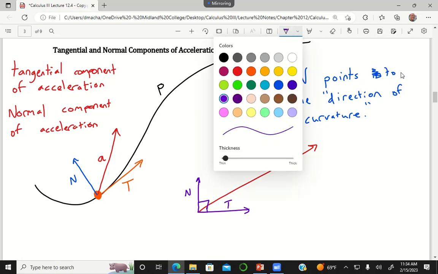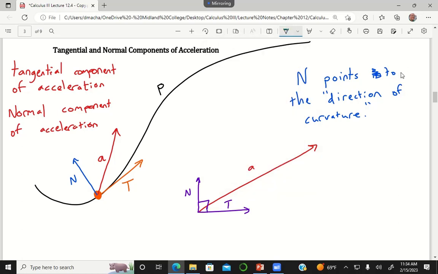Then what I'm about to draw in green would be the tangential component of acceleration, right? If I take the acceleration and I project it down onto the unit tangent vector, or the velocity vector, then that's what I get.